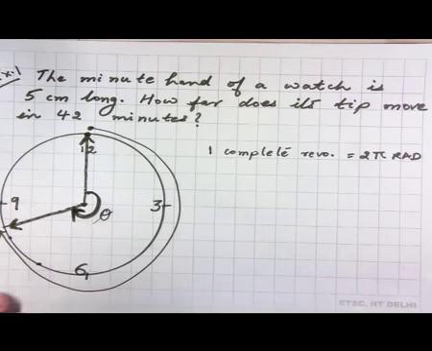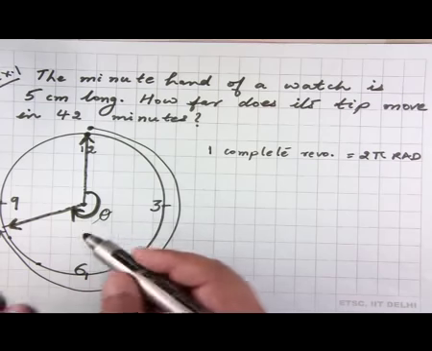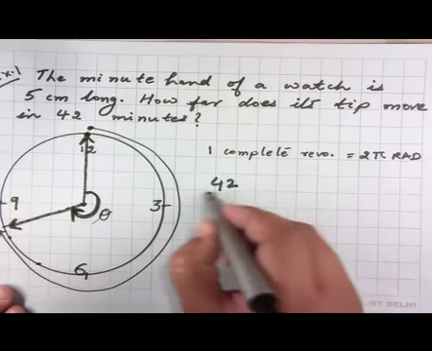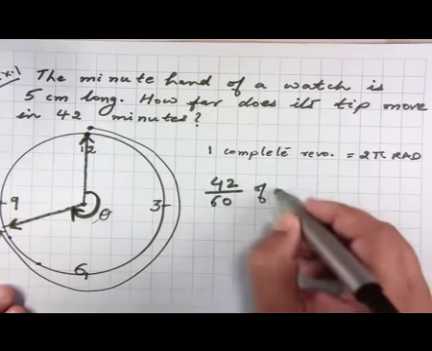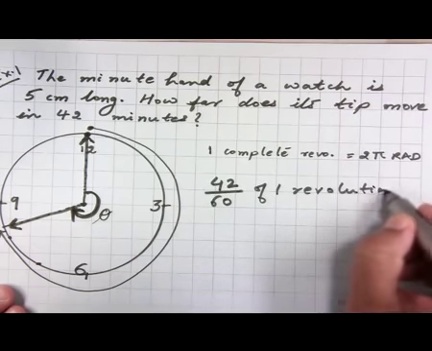whereas in this problem we are asked to find out how much the tip has moved in 42 minutes, and because 42 is less than 60, it is not a complete revolution. In fact, it is equal to 42 upon 60 of 1 revolution.